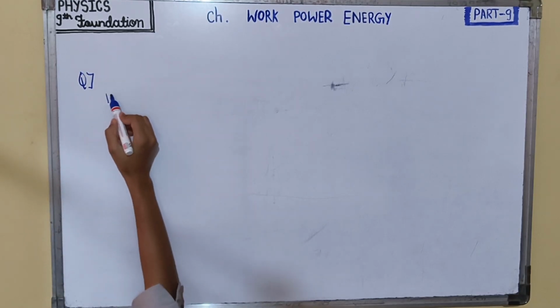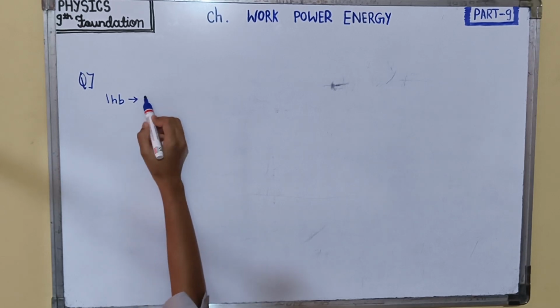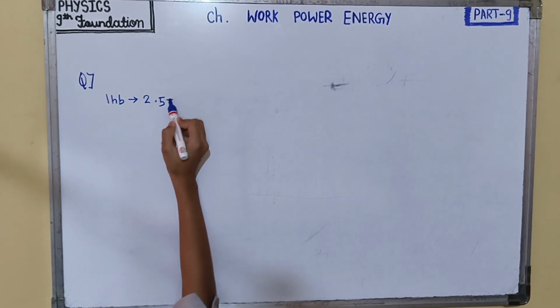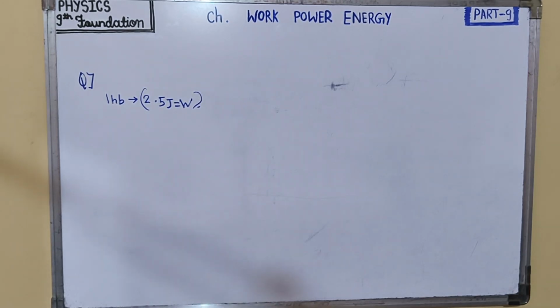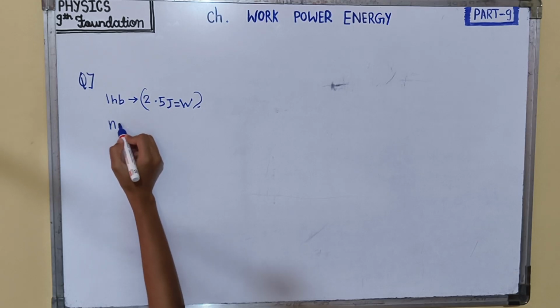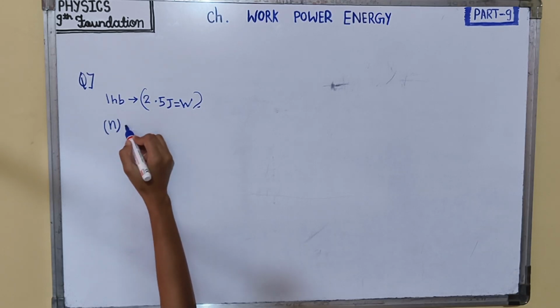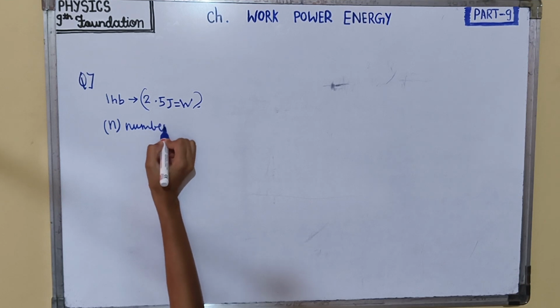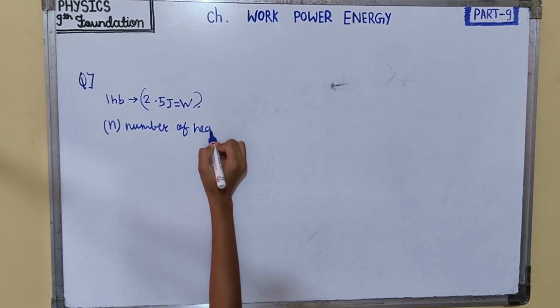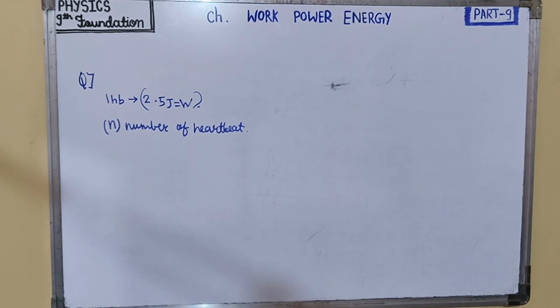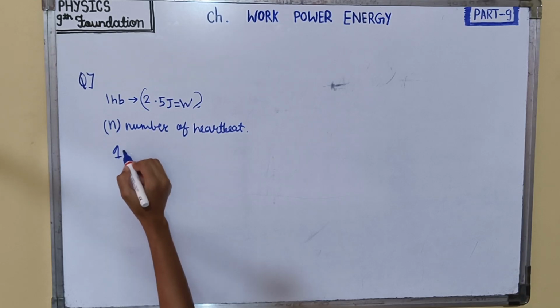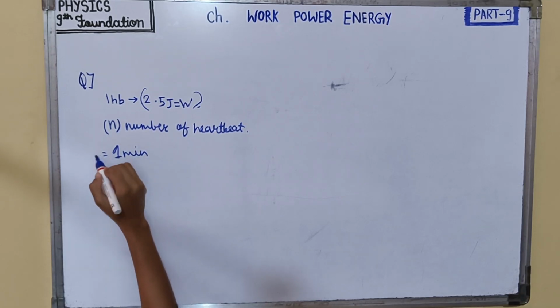So, one heartbeat gives 2.5 joule of work. How many times per minute does it beat? It means n number of heartbeats in 1 minute. This is the time.